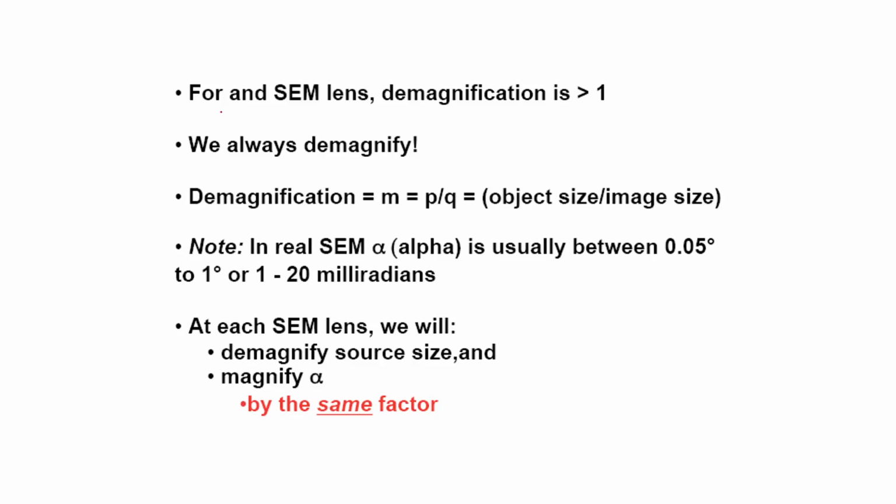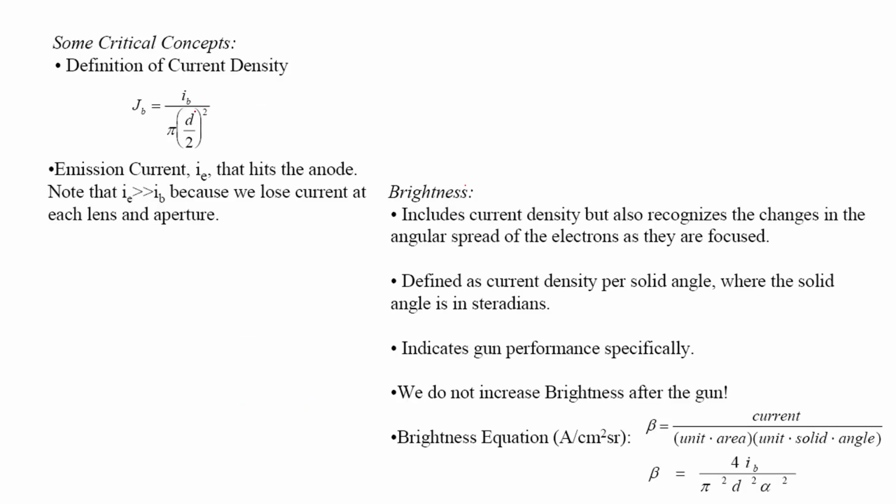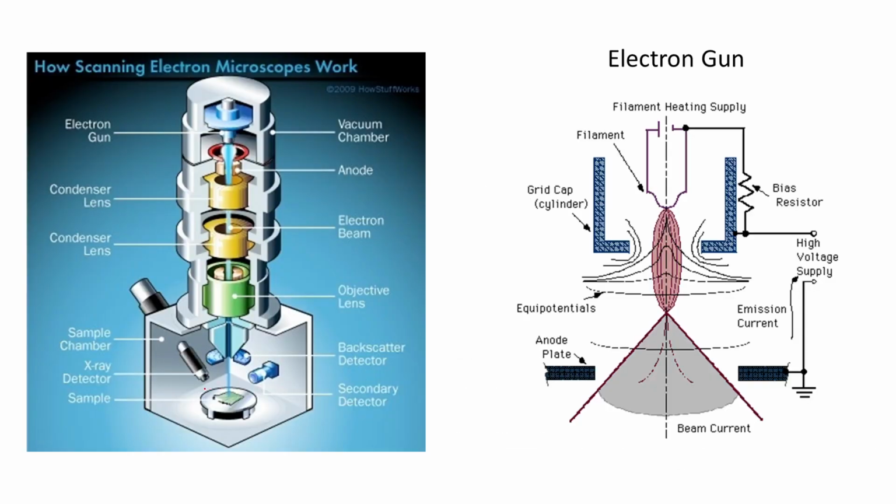In an optical microscope, we either magnify or demagnify. Basically, we want to see the object at a higher magnification. If the object is very small, then we need to see it much more clearly, so we need to magnify the object. But in SEM, as I told you, the image is not directly correlated to the object. Here the optics is only used for the path of the electrons.